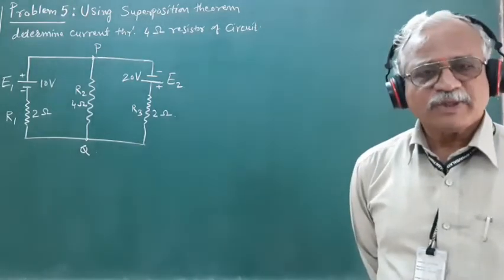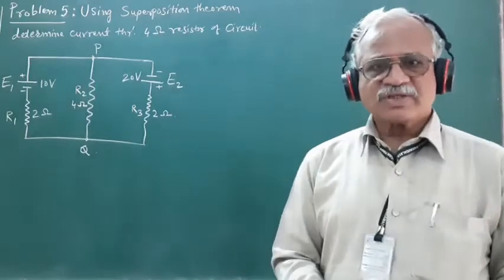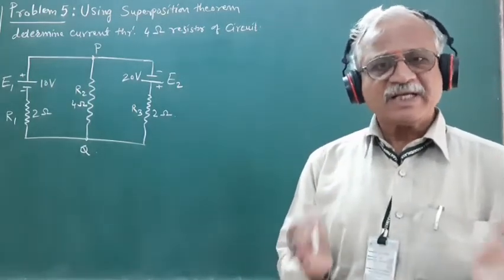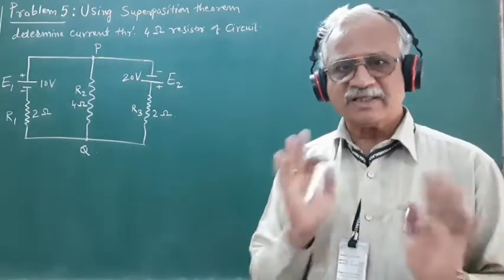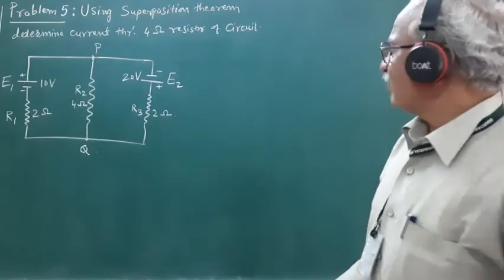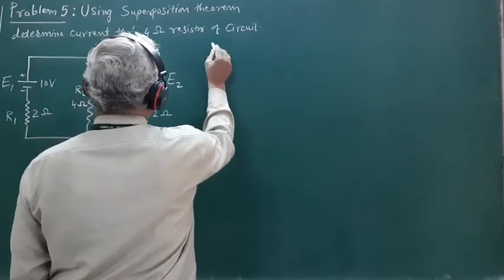And while obtaining the effect of an individual source, the other sources should be killed for their EMF, retaining their internal resistance in the circuit. So, let us first obtain the effect of the first source of EMF, E1.